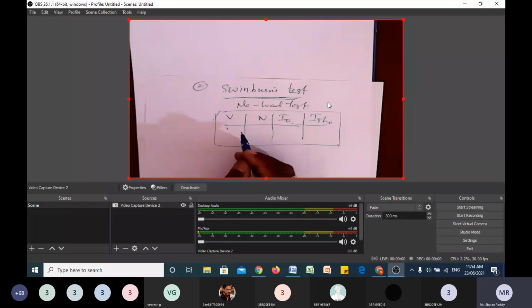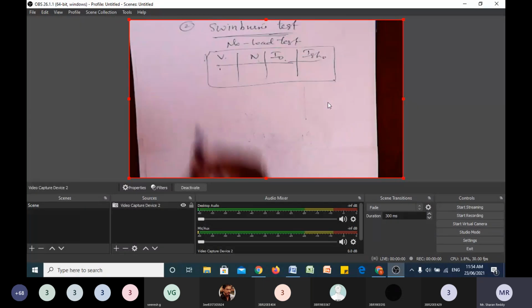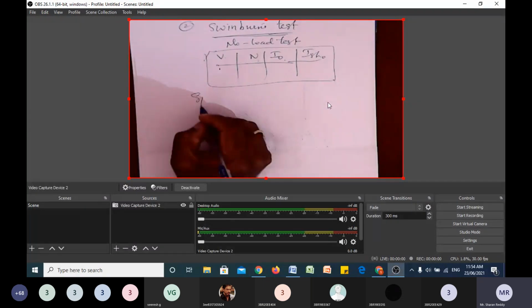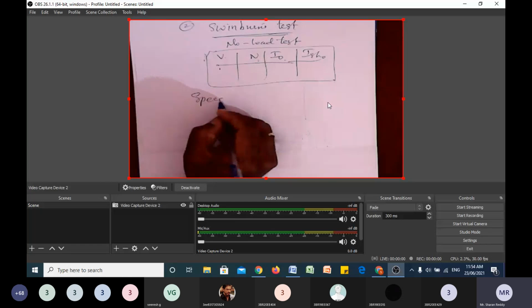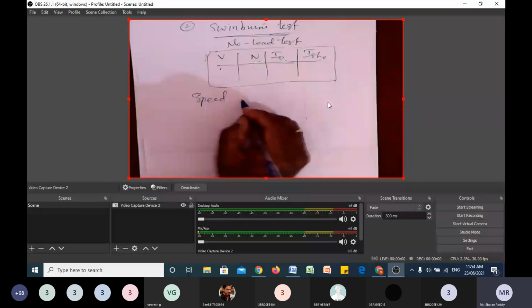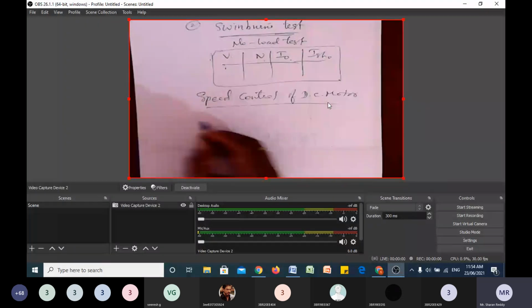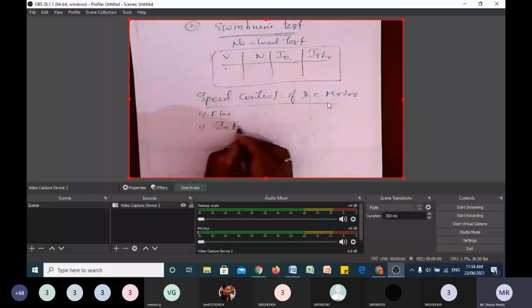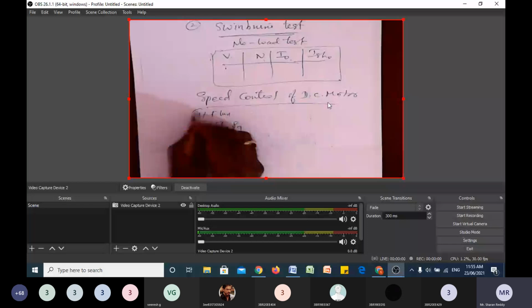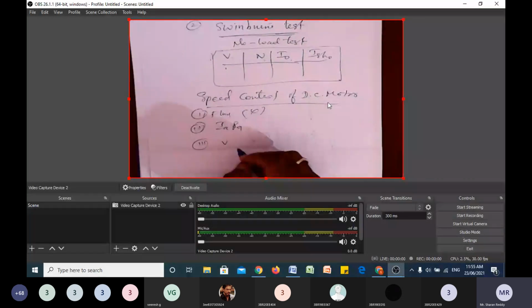In the next class we will discuss speed control techniques, speed control of DC motor. There are 3 methods we can use to control the speed: flux control method, armature voltage control method, and supply voltage control method.